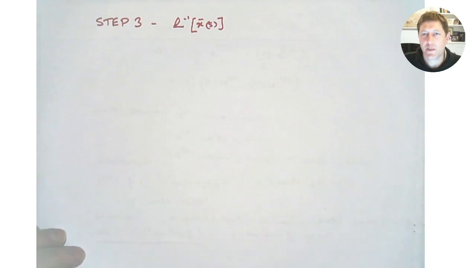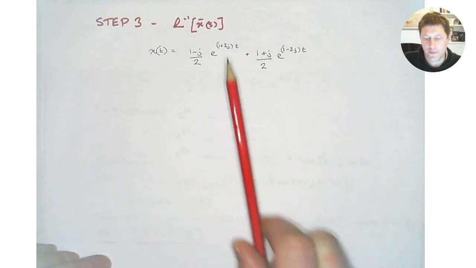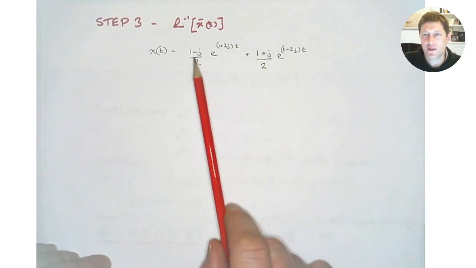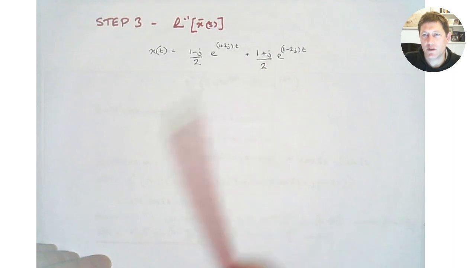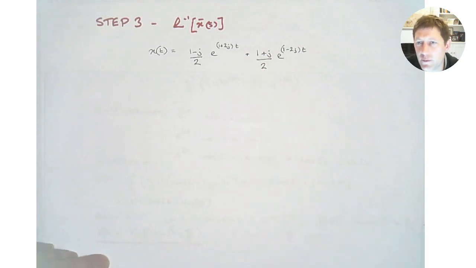We're ready to do step 3 to find the inverse Laplace transform. We'd already seen the general form of it, and now we can put in our values for c1 and c2. And there we go. What does that look like? Well, not so clear maybe at first inspection.